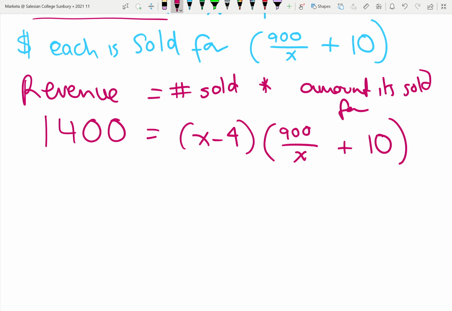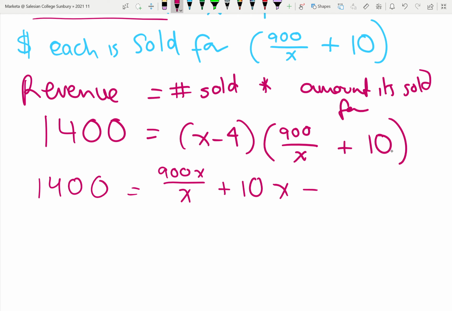Now it's just a matter of expanding this and solving. So 1,400 equals x times 900 over x, so 900x over x, plus x times 10, which is plus 10x. Negative 4 times 900x over x equals negative 3600 over x, minus 4 times 10 is minus 40.